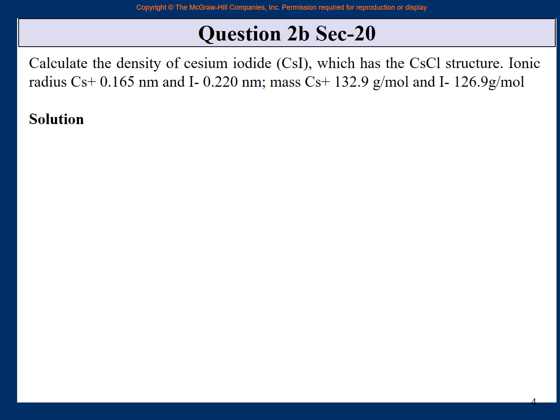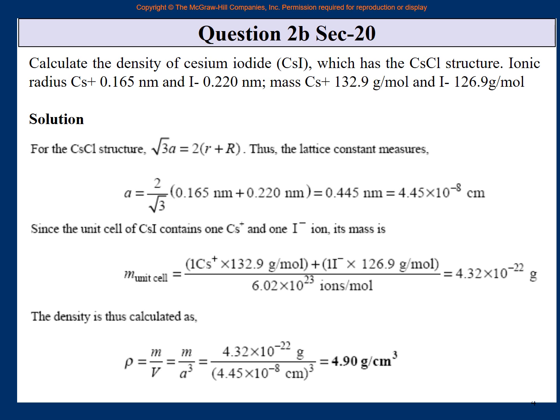So that is it. All the values are given. The radii of the two ions are given. The masses of the two are given. Avogadro's number you know. So let us see. Root 3 a is equal to 4r, that is there for the general BCC type of structure, which it is. But instead of 4r, we have 2 small r plus 2 large r.